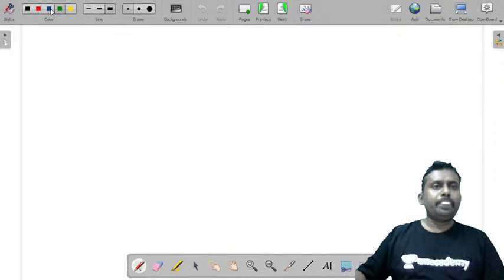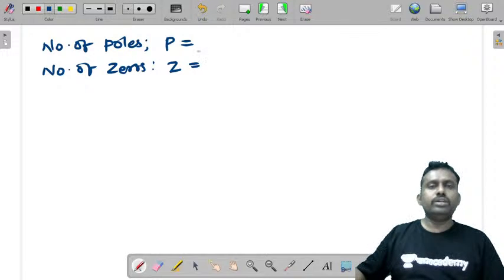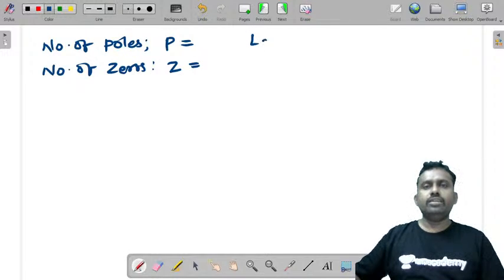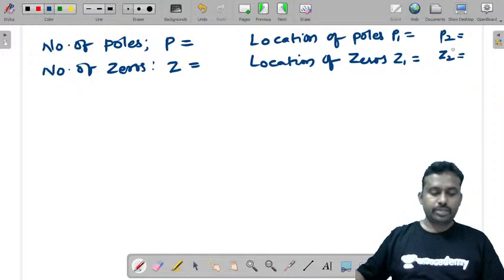Now number of poles we'll write as p is equal to, and number of zeros as z is equal to. Similarly, location of poles as p1 is equal to and p2 is equal to, and location of zeros as z1 is equal to and z2 is equal to.